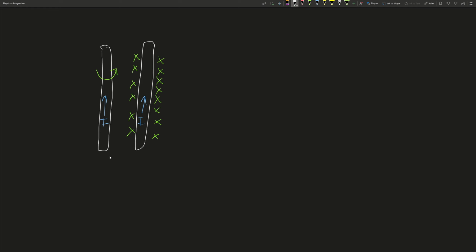So if there's a distance r between them, then we know that the magnetic field that the right wire experiences from the induced magnetic field in the left wire is going to be equal to B = mu naught I divided by 2 pi r. So that's the strength of the magnetic field here.